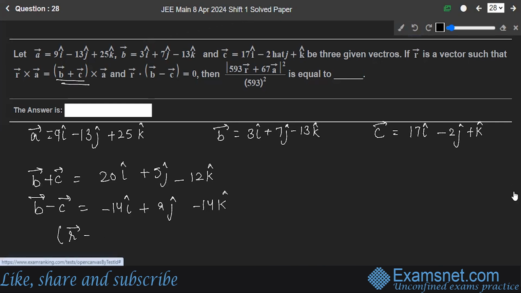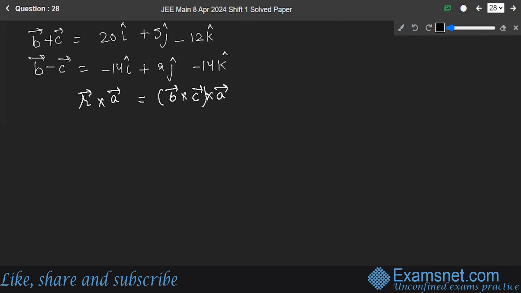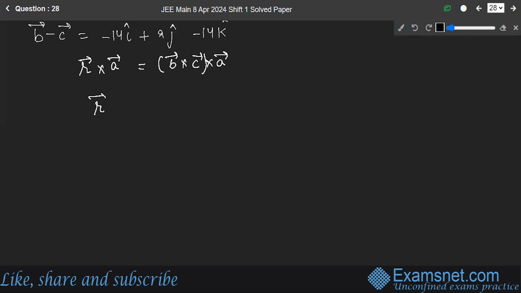You have R cross A equal to this. So this can be written as (R vector minus B plus C) cross A, and this is equal to 0, right?